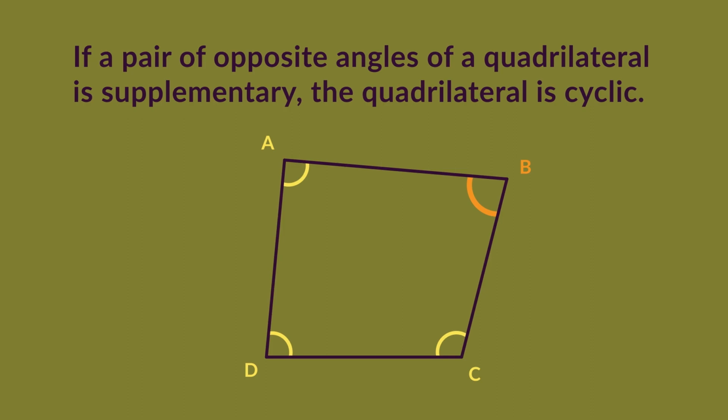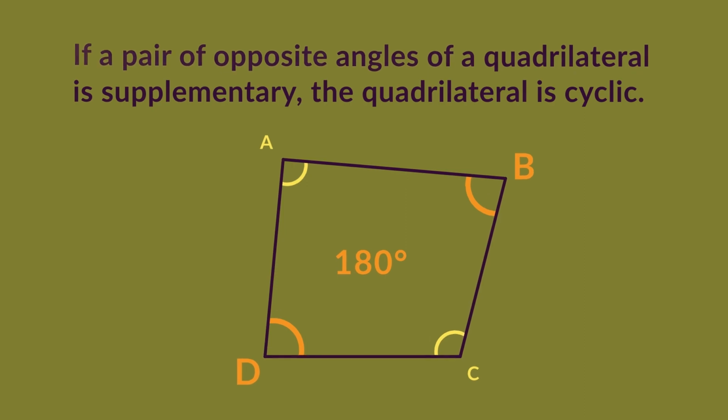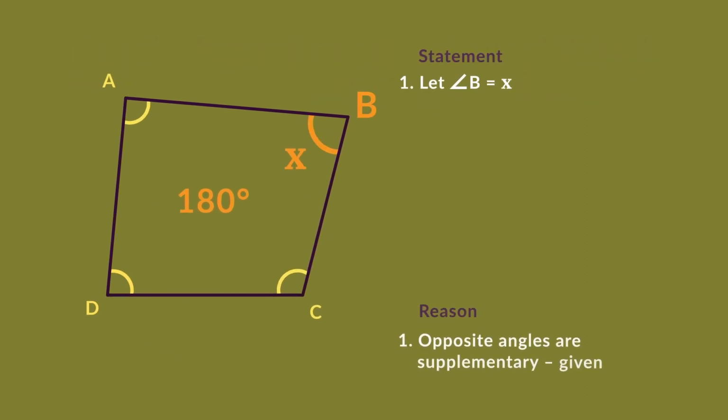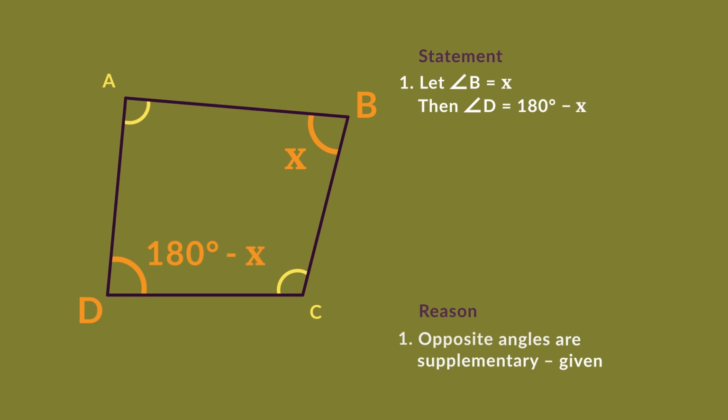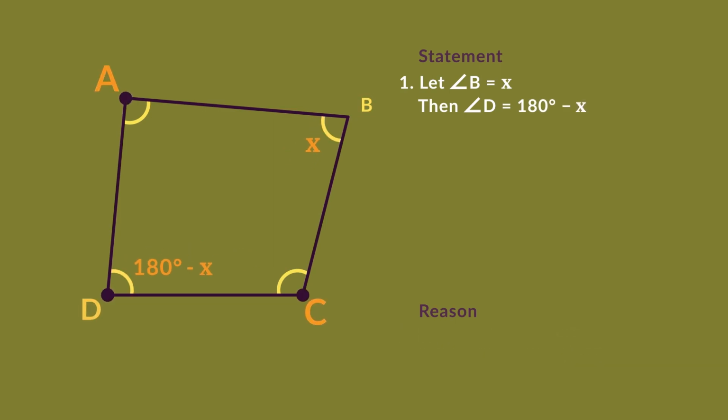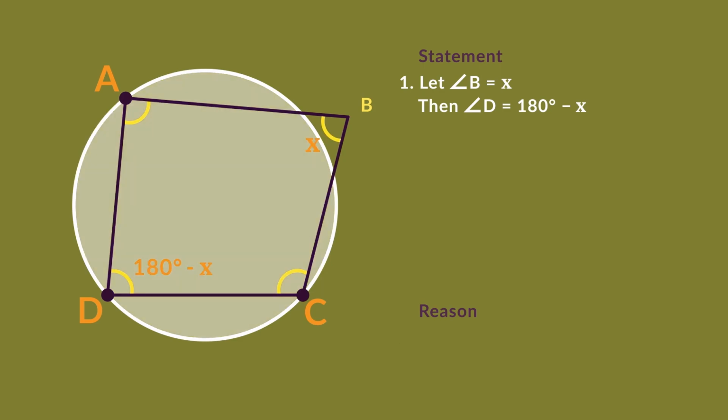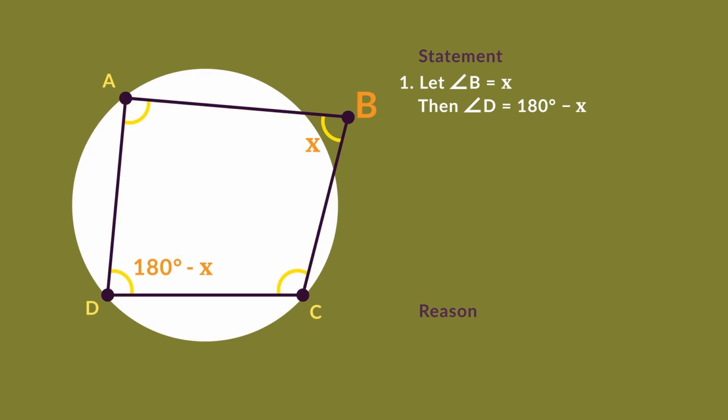We know that angle B and angle D on quadrilateral ABCD has a sum of 180 degrees. Let B equal x, so D equals 180 degrees minus x. If the 3 points A, C and D lie on a circle, we can sketch in the circle like this. Let's assume that point B does not lie on the circle. It could lie inside or outside the circle.